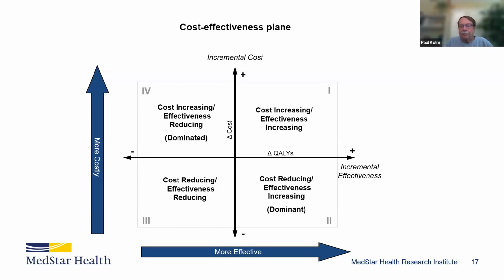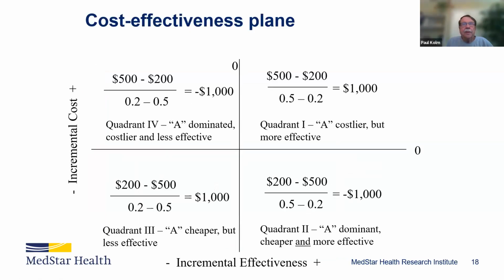to end up. And so I just give a numerical example here of using the same numbers to show that we can get the same ICER, but depending on the sign, it has different meanings. And so in quadrant 1 here, the treatment costs $500, the standard of care $200. There's a difference of 0.5 or a 0.3.